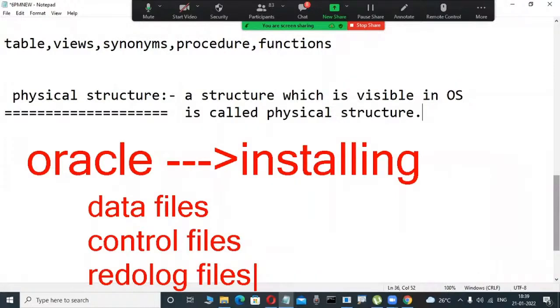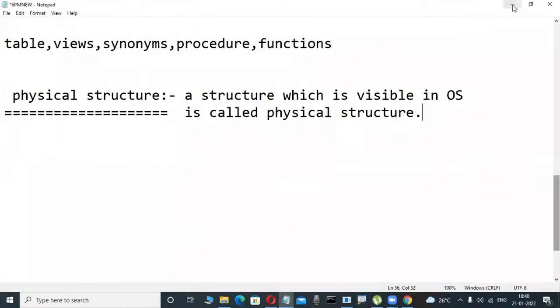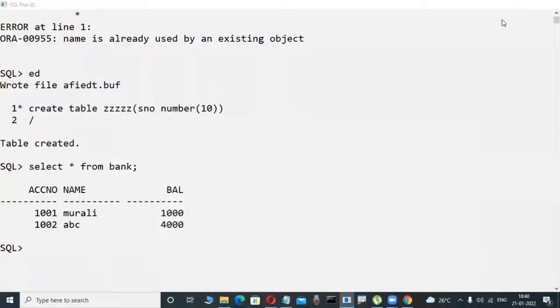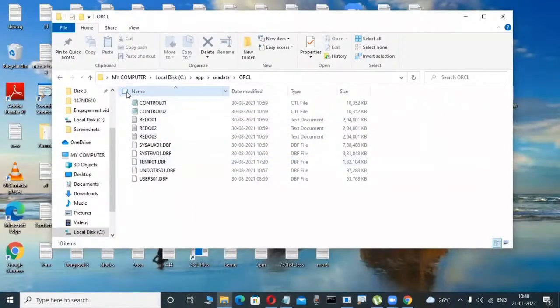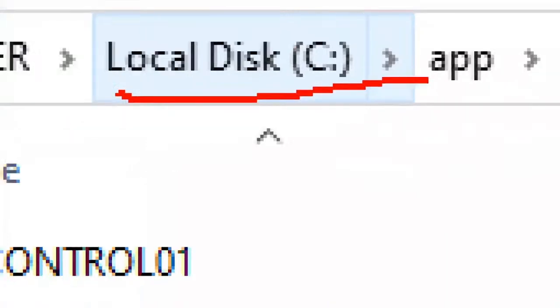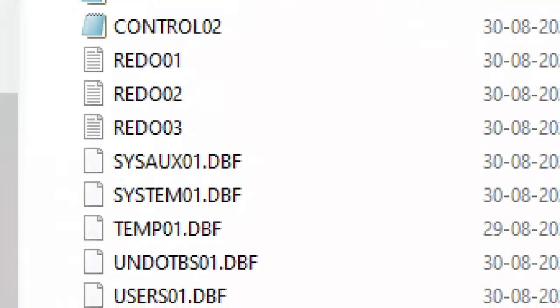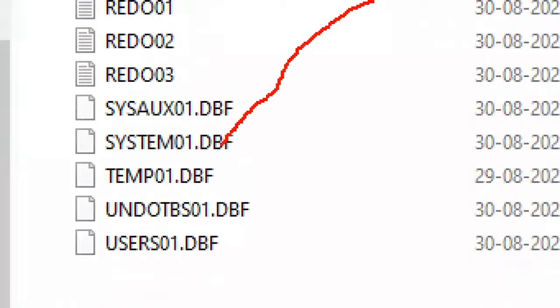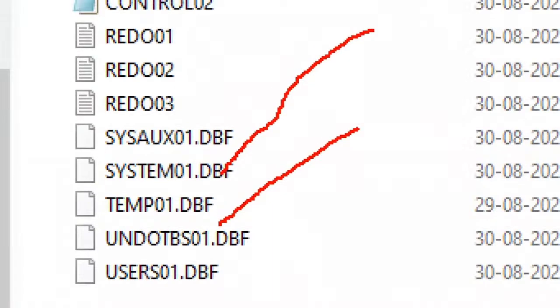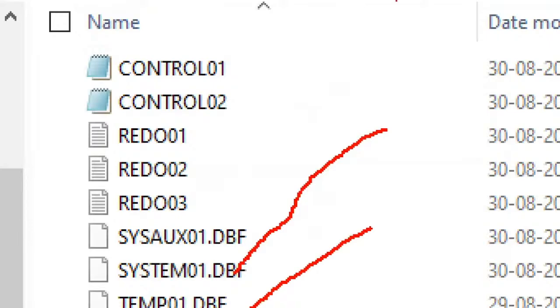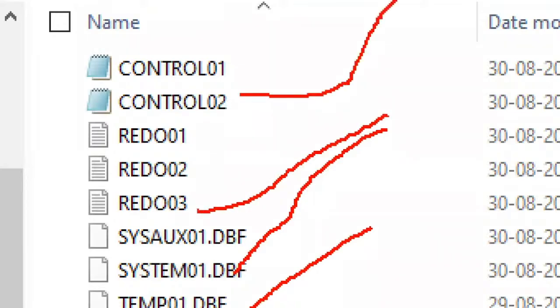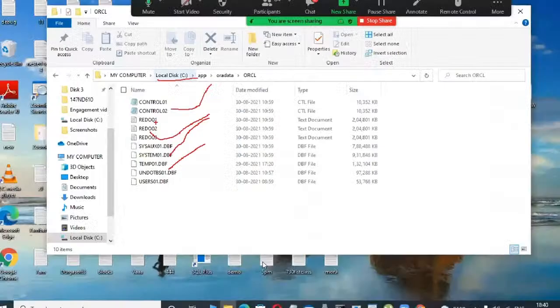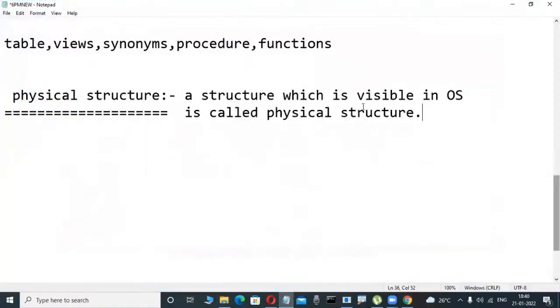Whenever I install Oracle software, some files are automatically created on the disk, in the C drive or D drive. These are data files, .dbf files. Later you will be familiar with control files and redo log files. That's why it is a structure visible in the operating system, and that is called a physical structure.